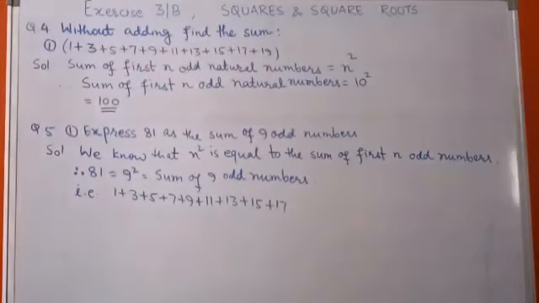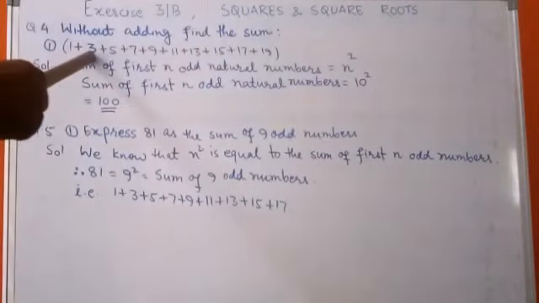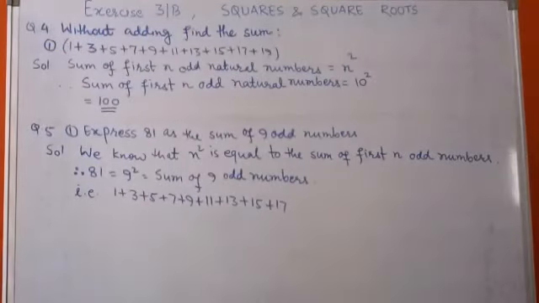These are 10 odd natural numbers. That means the square of 10 equals 100. So without adding, we get the result: 100 is the sum of these n odd natural numbers.